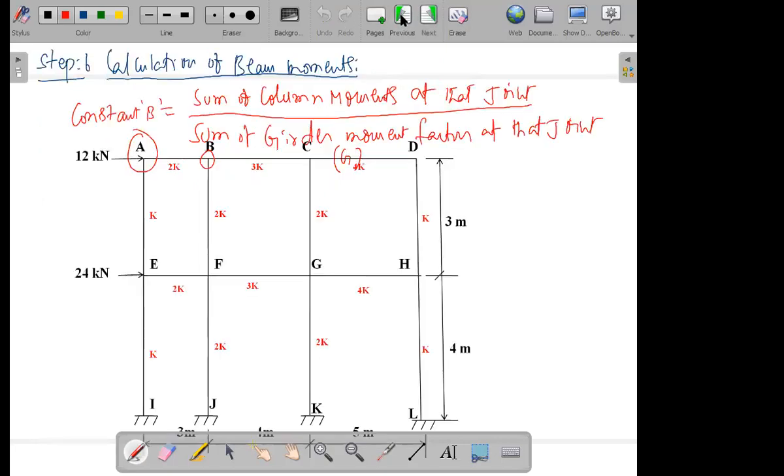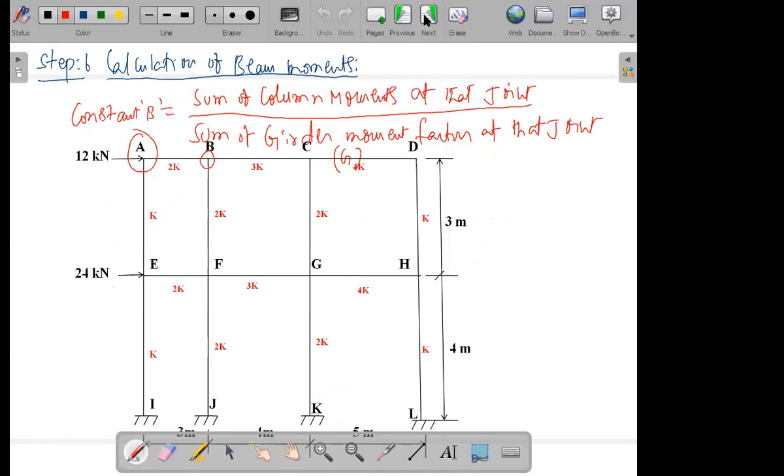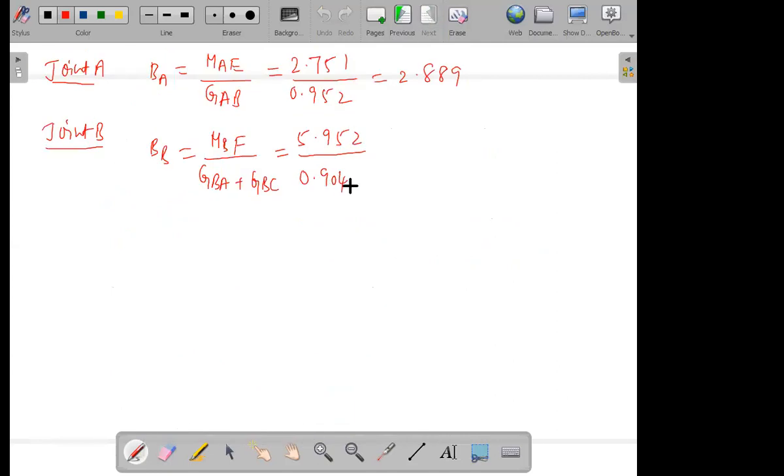See here, what is the GBA value? BA gutter factor, this is 0.905. So 0.905 plus 1.191, you will get some value.